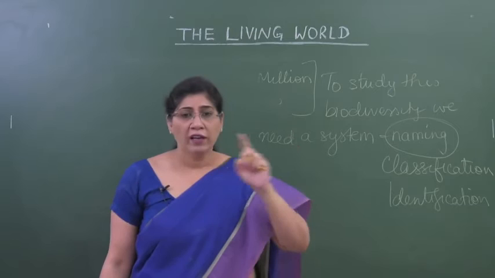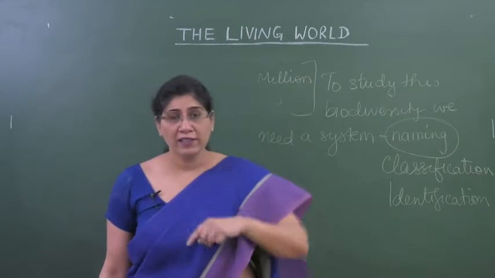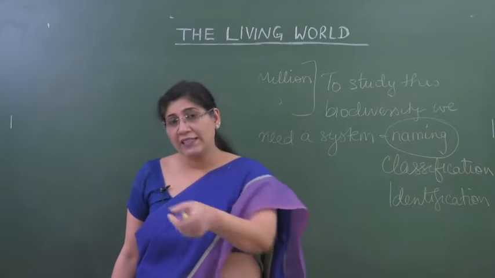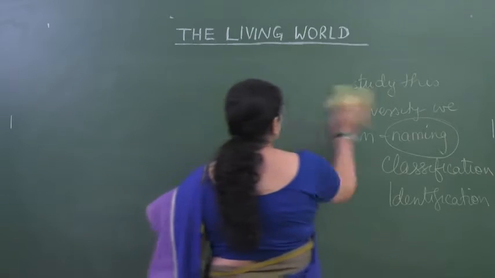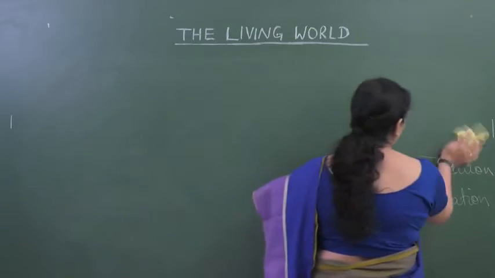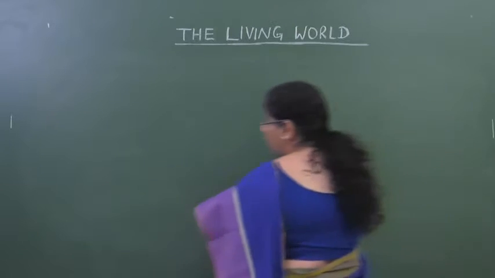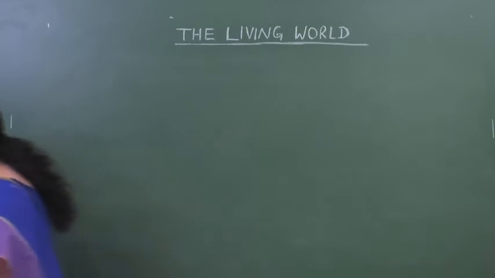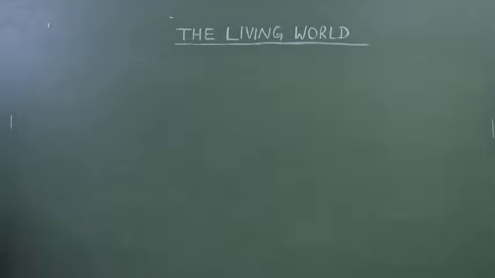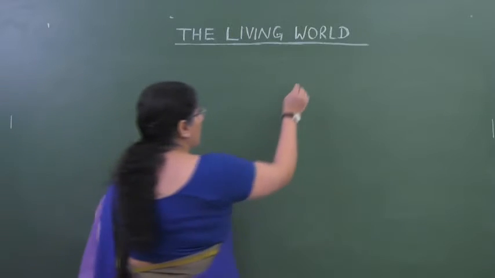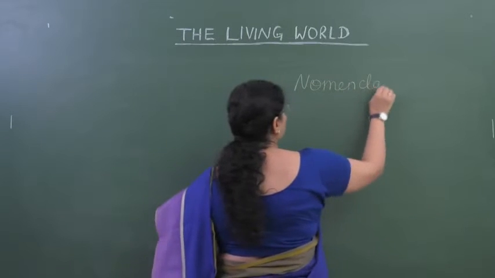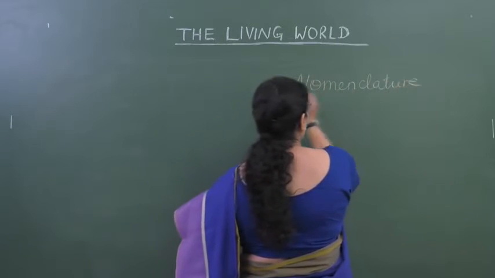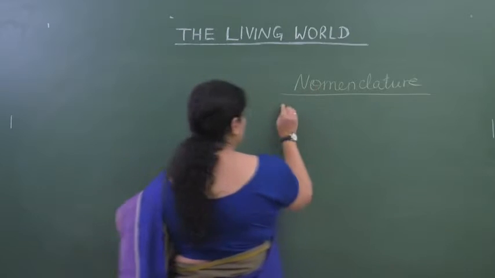I cannot say that thing which looks like this, that thing which has such a thing. No, I must have a specific name. So the first thing to understand biodiversity, the first thing that I am looking at is nomenclature.